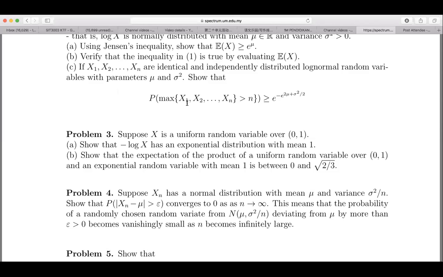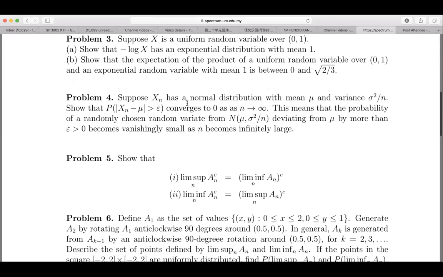Can you do it? Ainur, Madia. Okay, not around. Nurul Hidayah. Okay, just try number 4, huh?